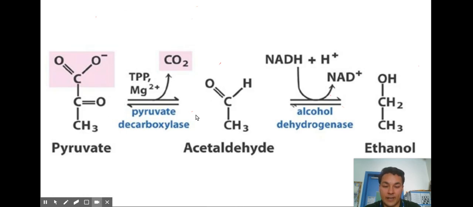Here's what you did in class. You took sucrose, and then it was broken down into glucose with the enzyme sucrase. And in here, these are 2 enzymes. You know who they are because they end in ase: pyruvate decarboxylase and alcohol dehydrogenase, and it's going to make ethanol. So this makes alcohol. This happens in yeast and in some bacteria.